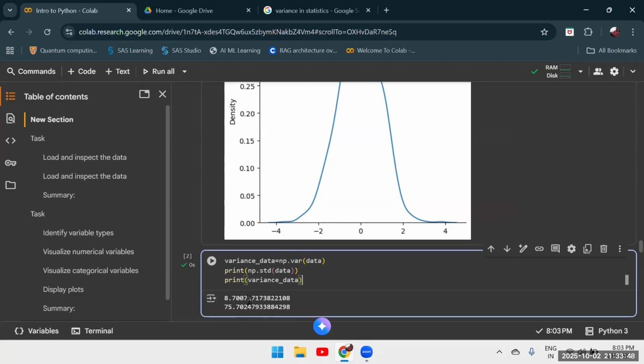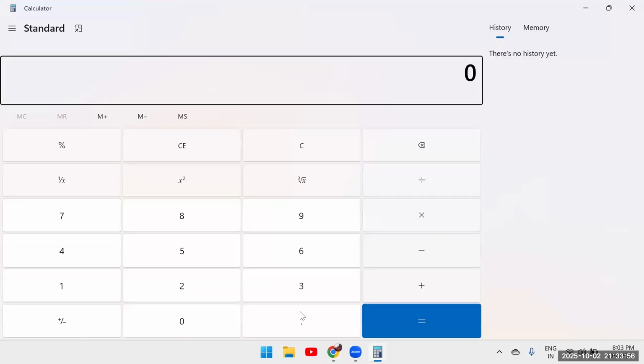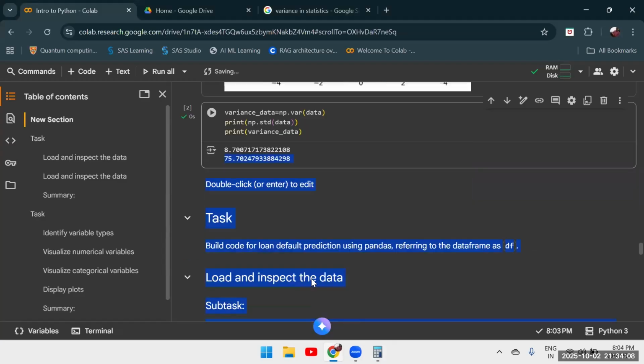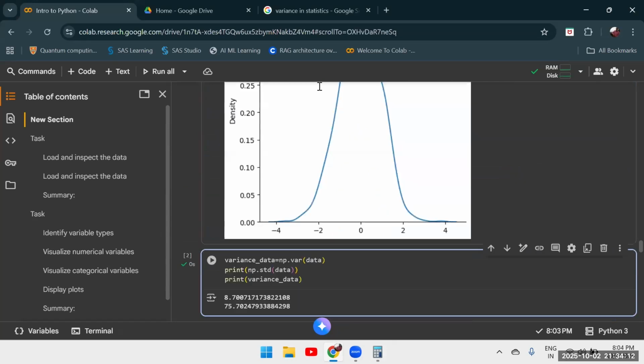If you just roughly square this, 8.7 into 8.7, how much is it? Roughly it should be closer to 70, I think. 8.7 into 8.7, which comes to 75.69, which is our 75.70 displayed in the record with the decimal places.